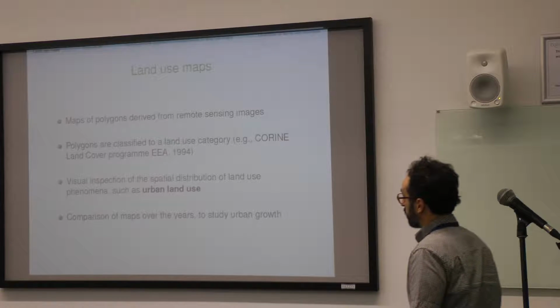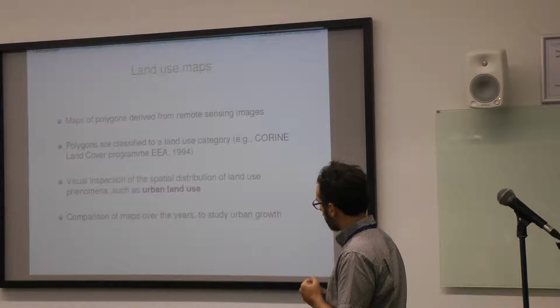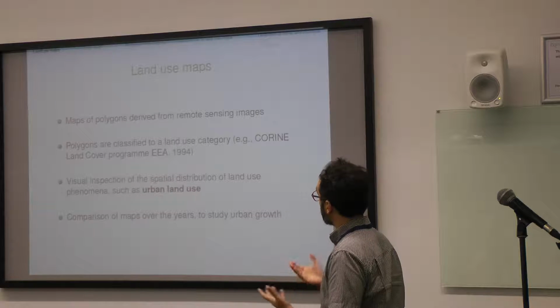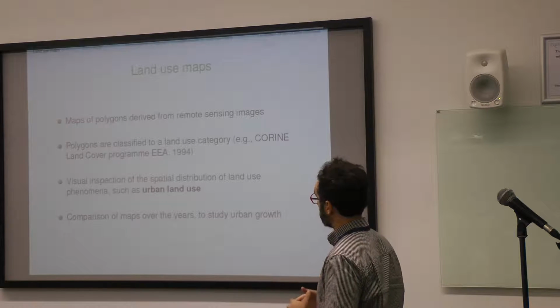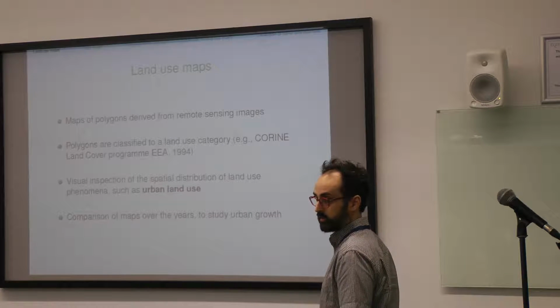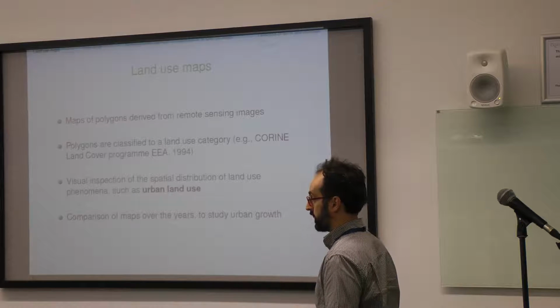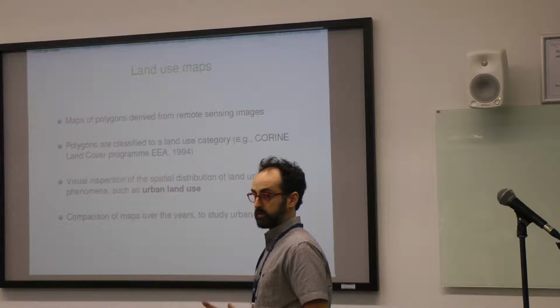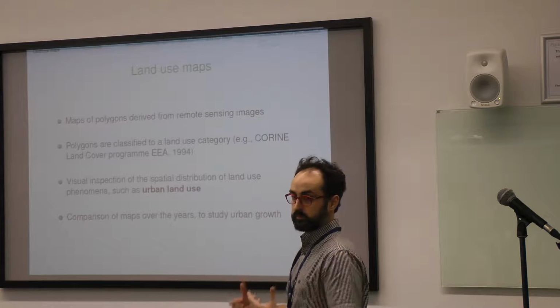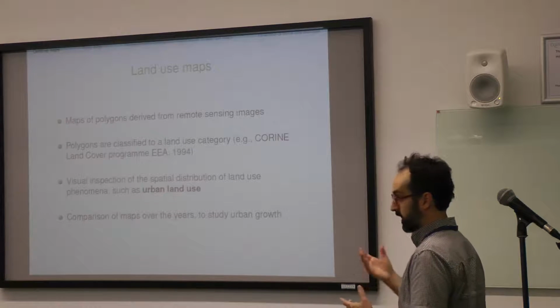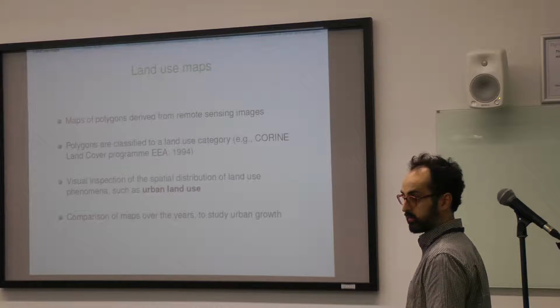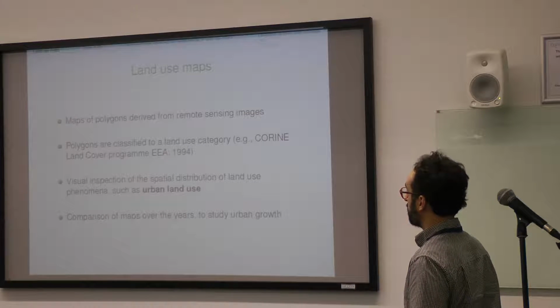These maps derive from post-processing of remote sensing images. There are lots of techniques to transform remote sensing images into maps of polygons which are easy for the public to understand and are produced by institutions at local or international scale.